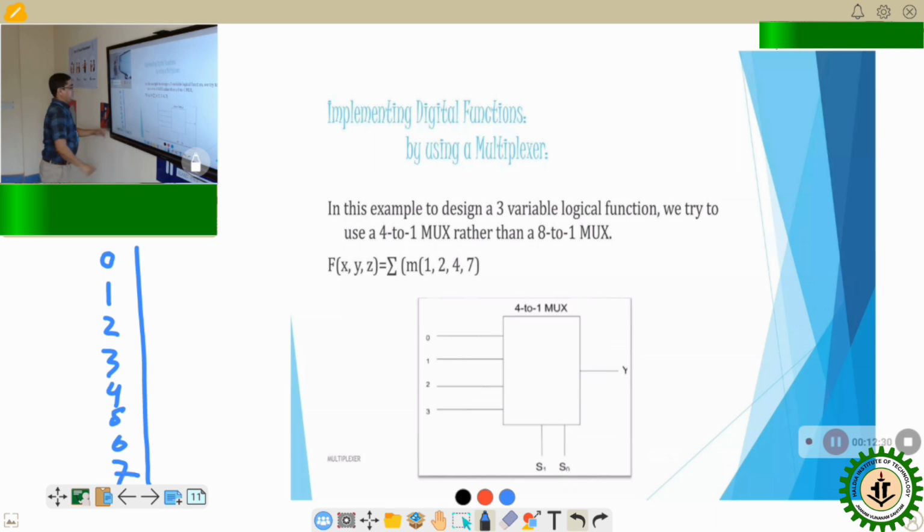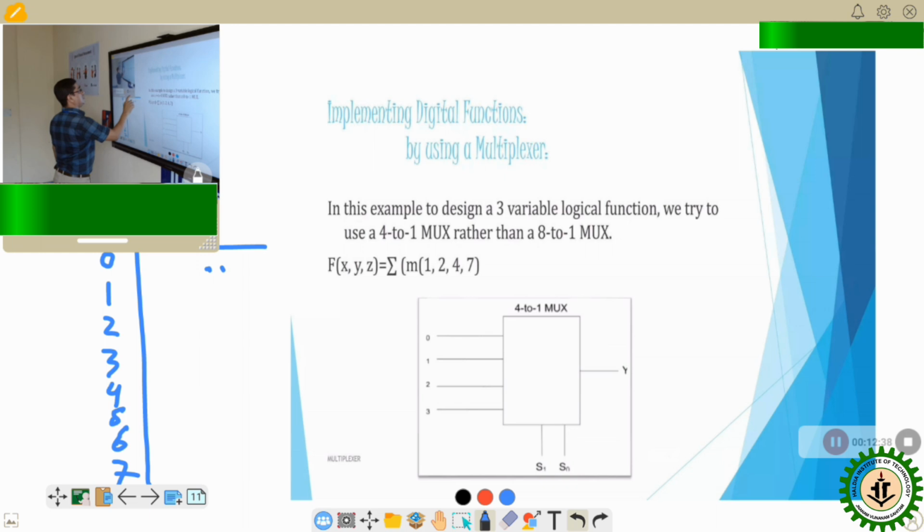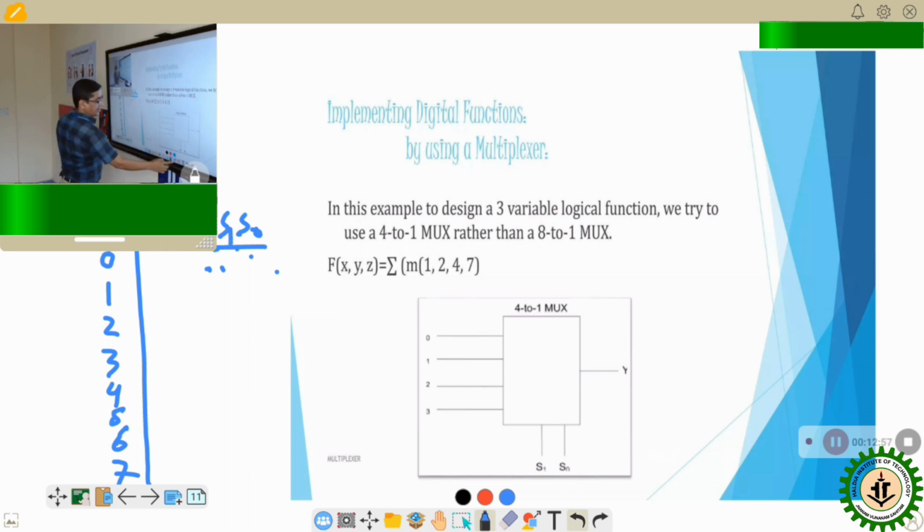This is the decimal value, and for the function we just take S0 and S1.